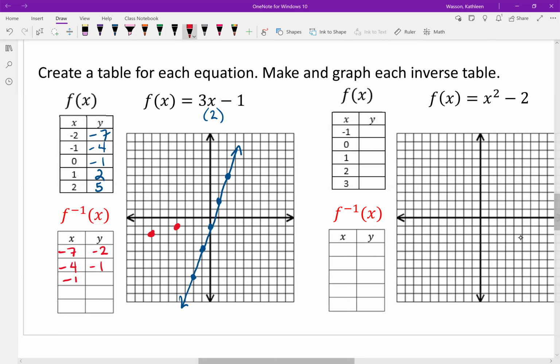And -1, 0. I'll have 2, 1. And 5, 2. And I will draw in this line. Now I have a y-intercept at 1/3, I think, and a slope of 1/3.